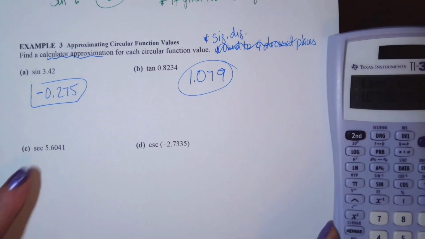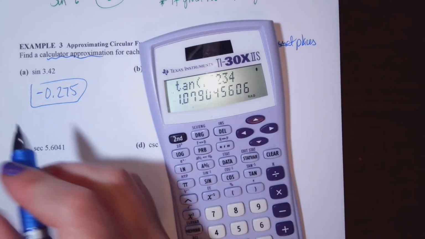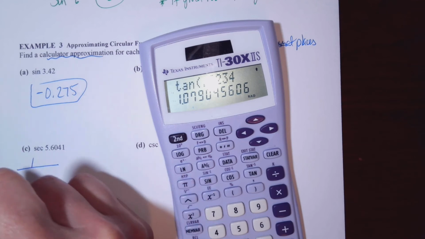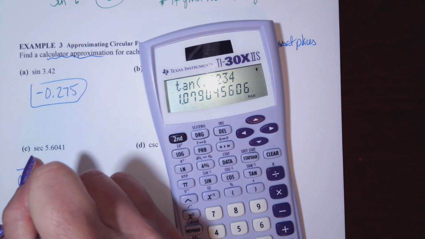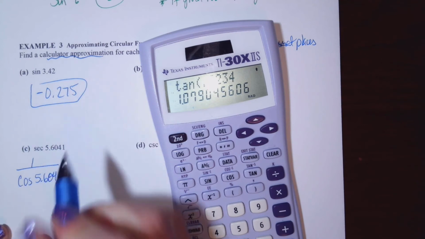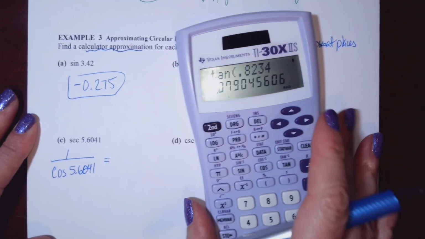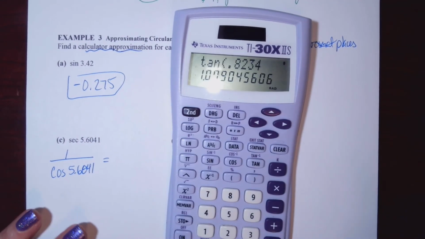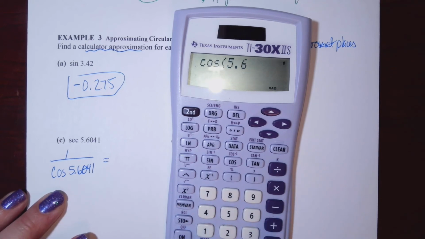1.079. Here I've got secant. Well, secant is the reciprocal of cosine, so that's going to be the same thing as 1 over cosine of that value, 5.6041. So I'm going to find this cosine function value, and then I'm going to take the reciprocal of that. You can set it up with the reciprocal first. I just usually don't work that way.